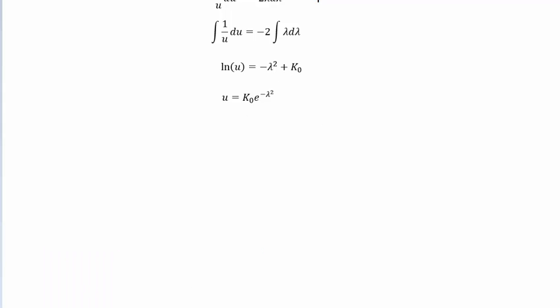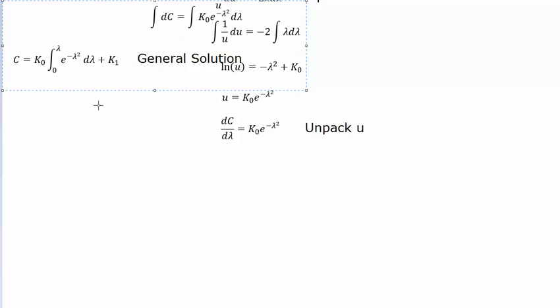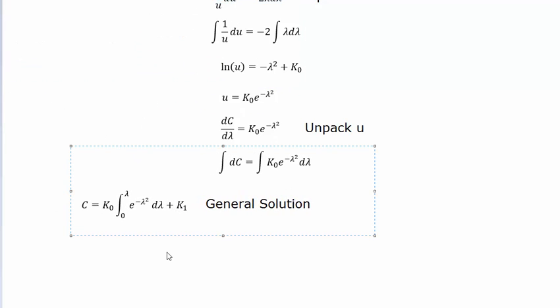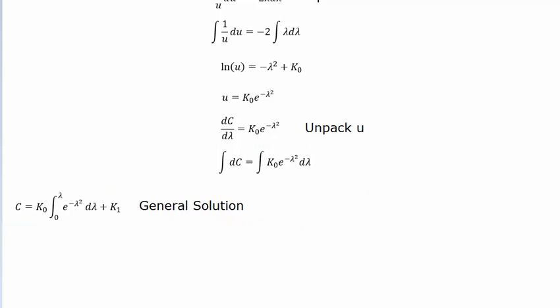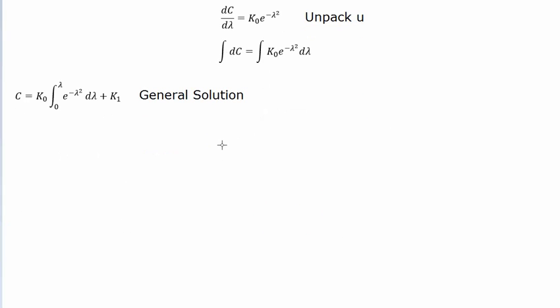Putting everything in terms of exponentials instead of logs will get you that there. Then we need to remember that our definition of u was dc d lambda, and we need to do the second integration to get our general solution. So at this point, we have the general solution to our differential equation. So we have a generalized concentration profile.